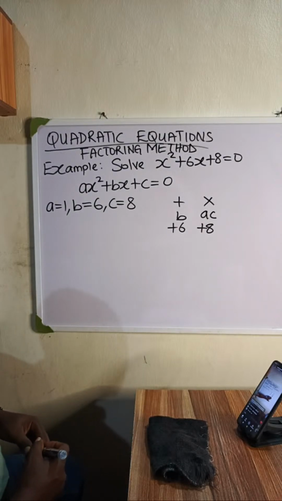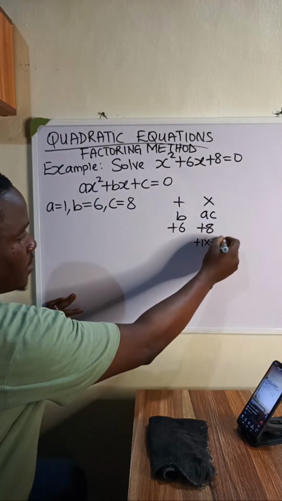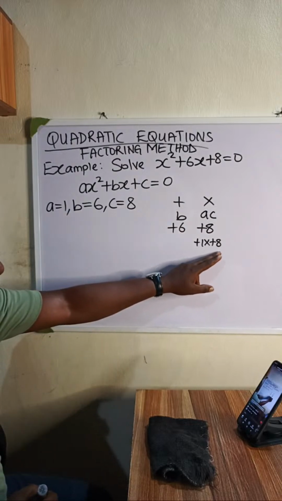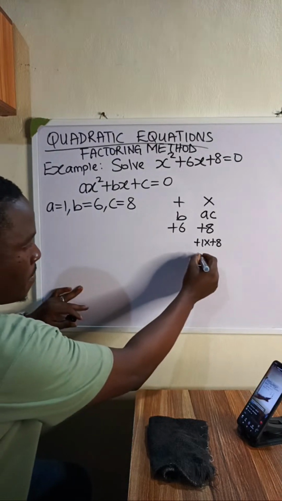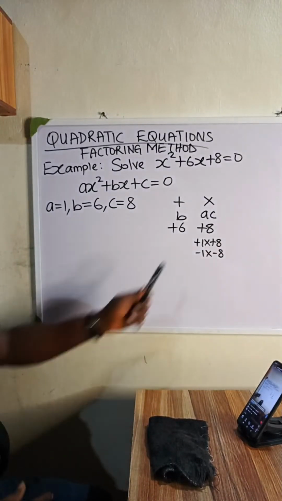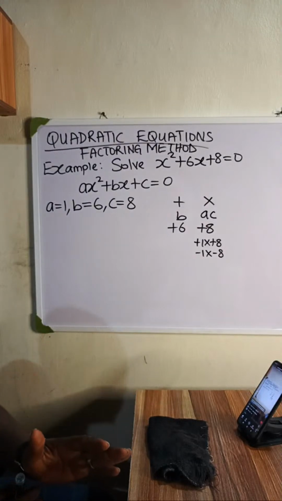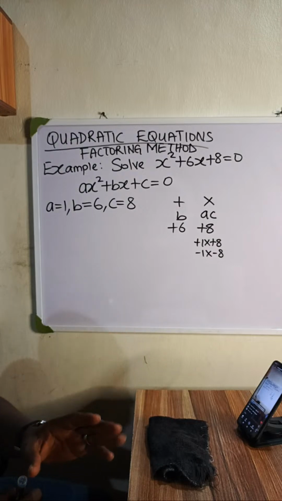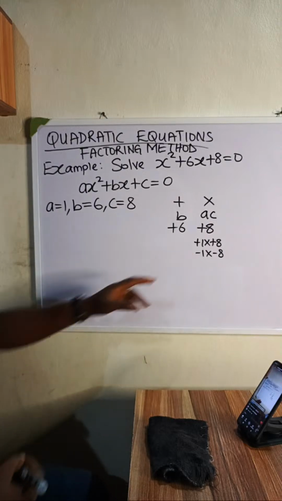Let's start from 1. Plus 1 times plus 8 will give you plus 8. Also, minus 1 times minus 8 will also give you plus 8. So we are done with 1.